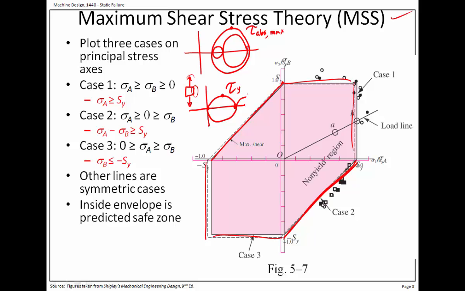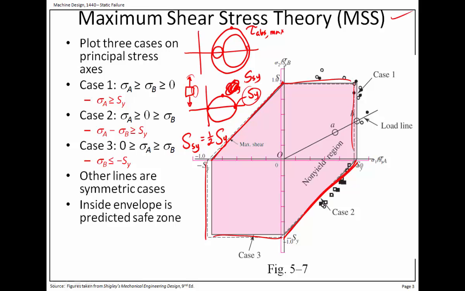So if this right here is the yield strength, then there's going to be an equivalent, or not an equivalent, I shouldn't write it that way, I should write it this way with a little s. This is the yield strength. It's going to be 1/2 of the yield strength right here.